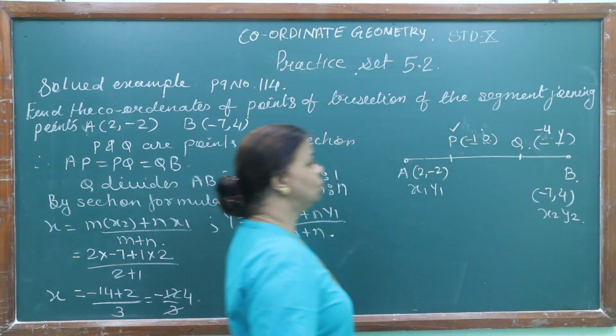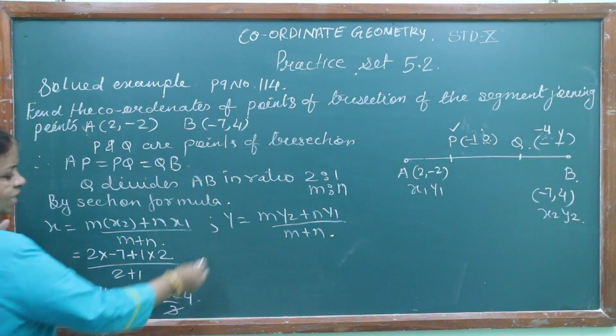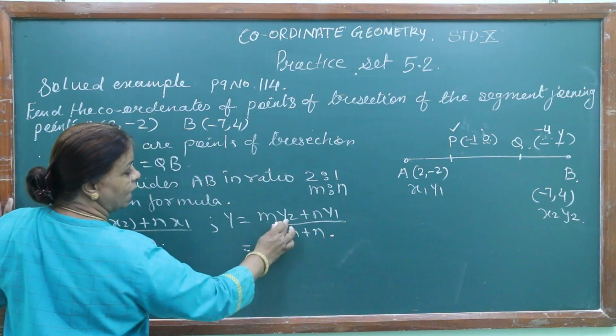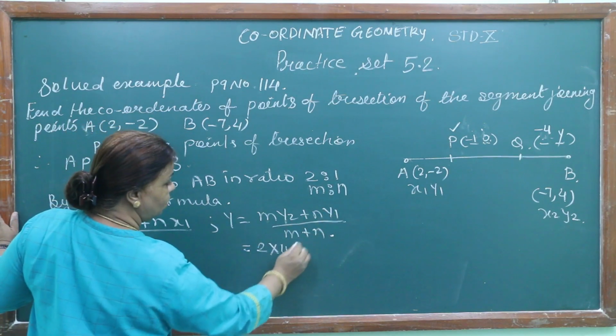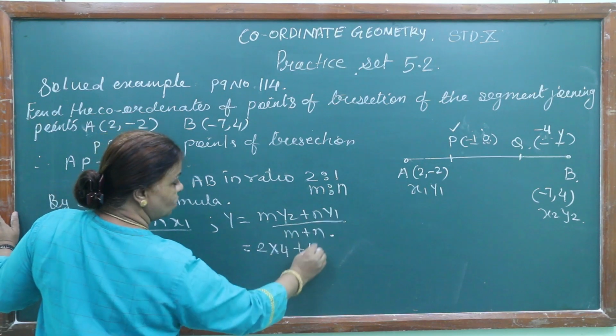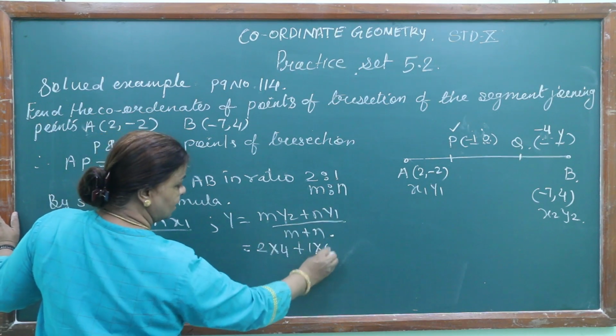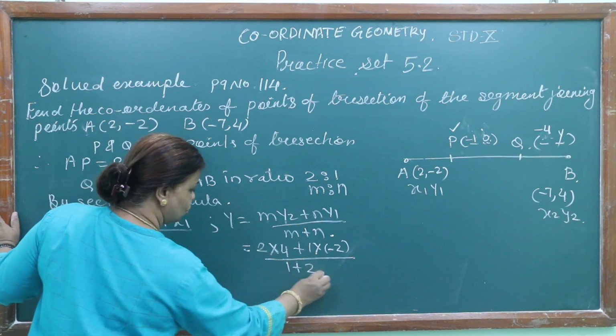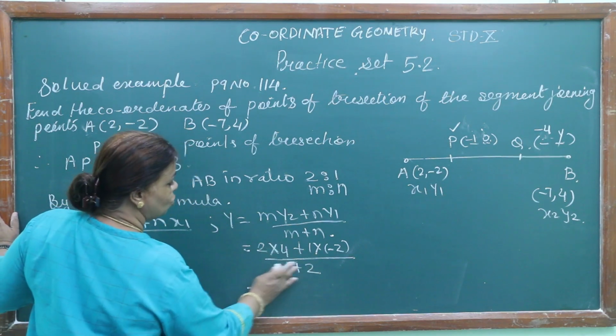of point Q. Let us go for the y coordinate by placing the values. m is 2 into y2, and y2 is 4, plus n is 1 into y1, that is -2, upon 1 plus 2, children. m is 2 plus 1, children.